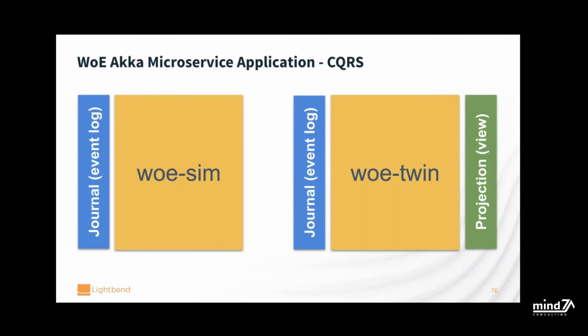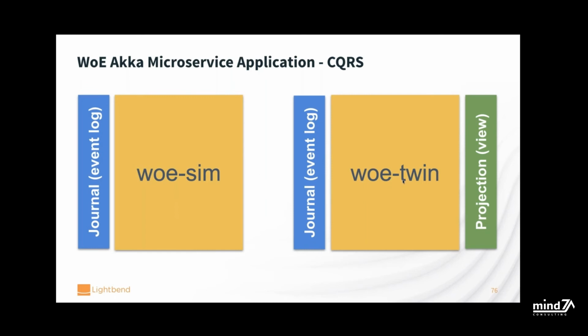In that map-based Where on Earth demo app, it's built using event sourcing. There are two microservices and they both use event sourcing. The first microservice is a simulator, which simulates IoT devices in the real world without actually having physical devices, and it doesn't have a query component.